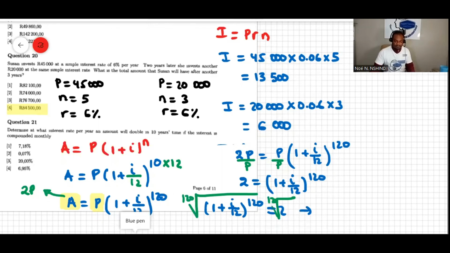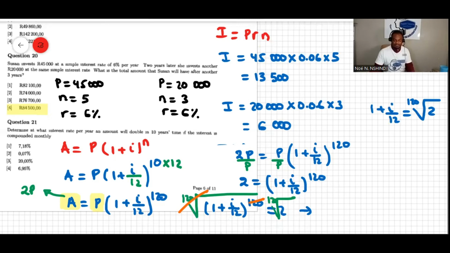So this will be 1 plus i over 12 equals the 120th root of 2. I do that because the 120th root will cancel the power of 120.